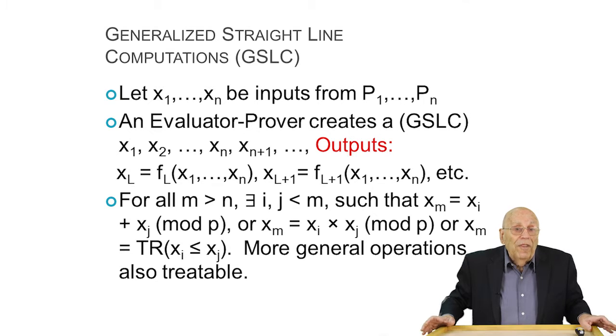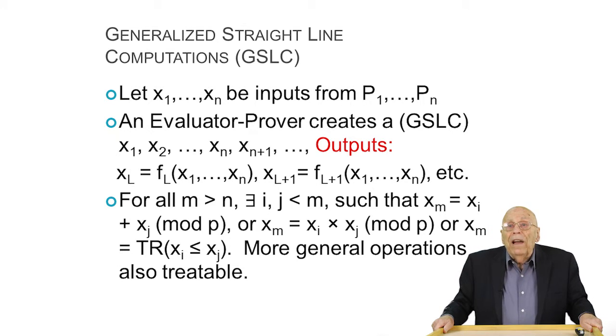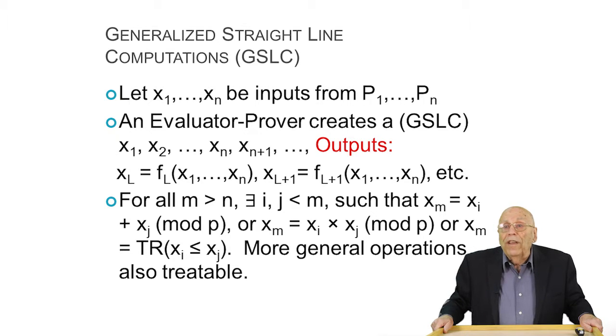So we can assume a very general situation where there are input values from x1 up to xn, lowercase x1 up to lowercase xn, from players, which could be bidders or could be something else, P1 up to Pn. Now, an evaluator prover creates a generalized straight-line computation which has outputs x_{l+1}, a function f_{l+1} of those inputs.